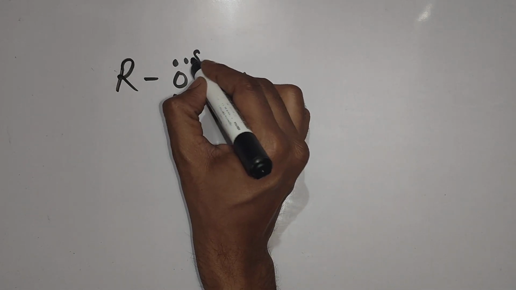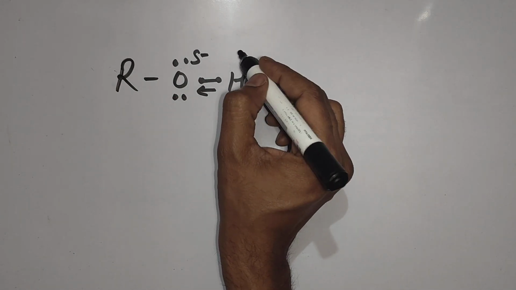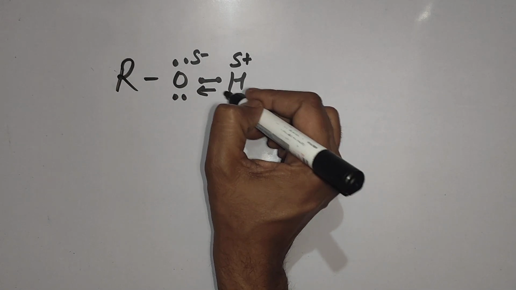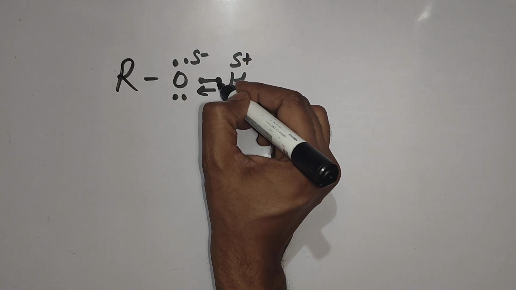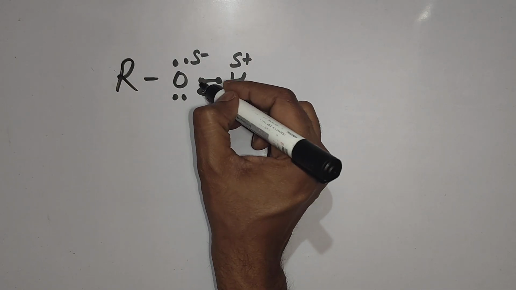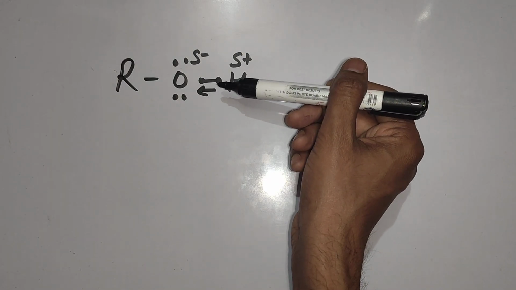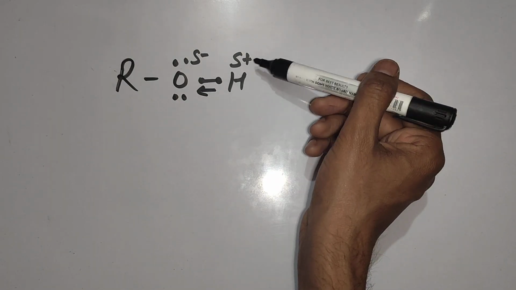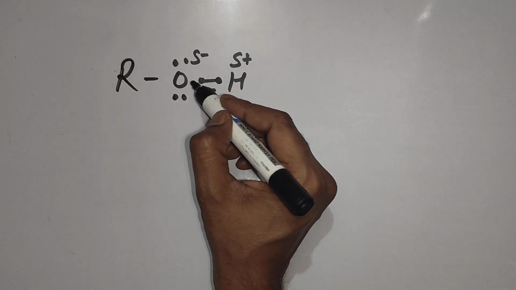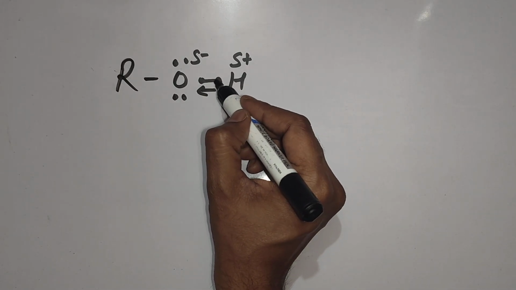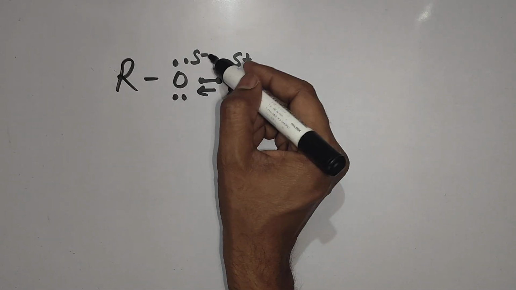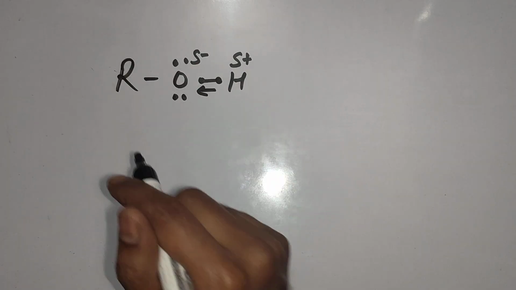So partial negative charge is developed and hydrogen will carry partial positive charge because this electron is getting shifted toward oxygen. So hydrogen is losing its hold on its electron. So that's why a positive charge will develop. Whereas oxygen is getting extra electron of hydrogen to its side, that's why an extra negative charge is developed.